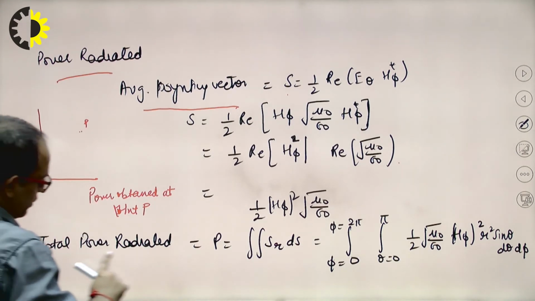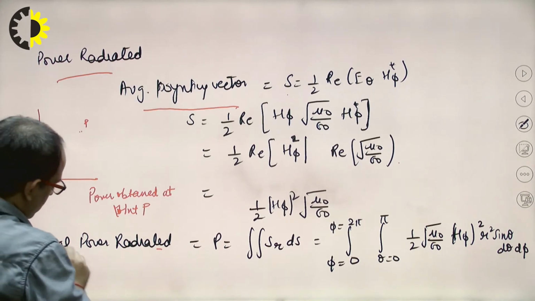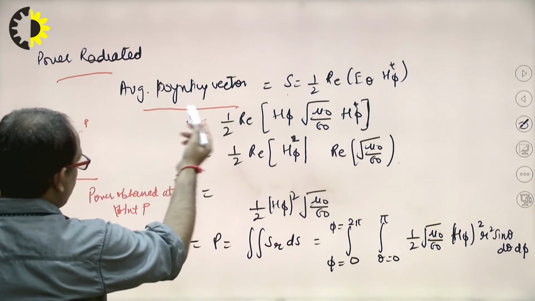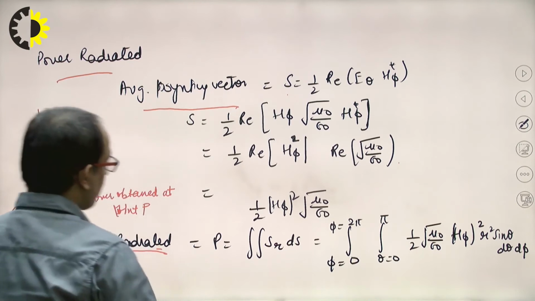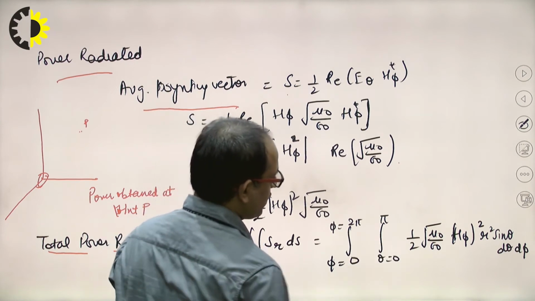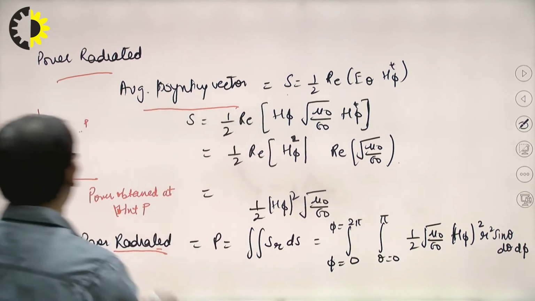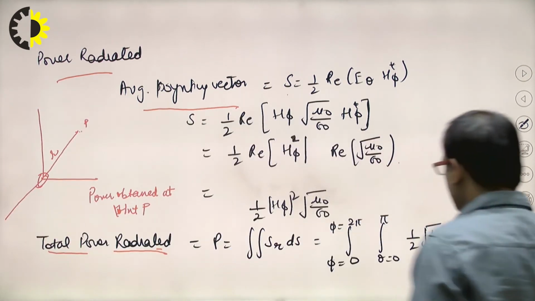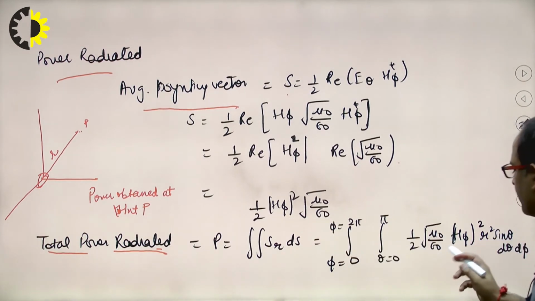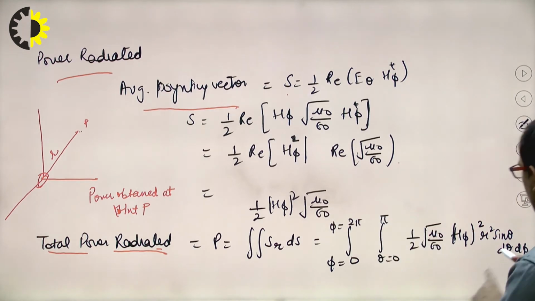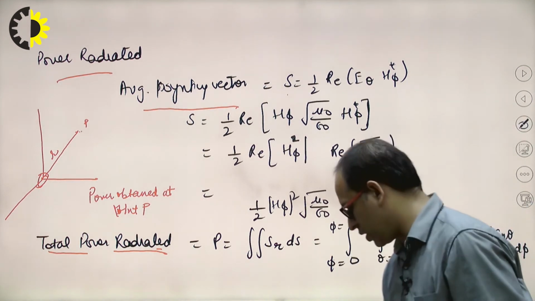So total power radiated P will be equal to the integral of S_r times ds over a whole sphere, that is phi ranges from 0 to 2 pi and theta varies from 0 to pi, and the radius is constant, that is r. Clear? So therefore it will be 1 by 2 H phi square multiplied by the square root of mu naught by epsilon naught, and ds will be equal to r square sin theta d theta d phi, as we know that r is constant.